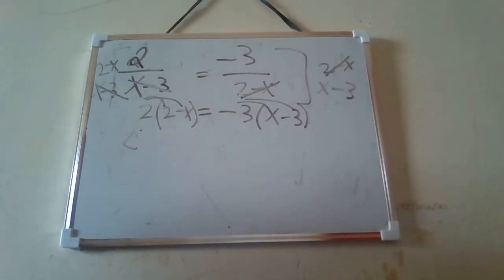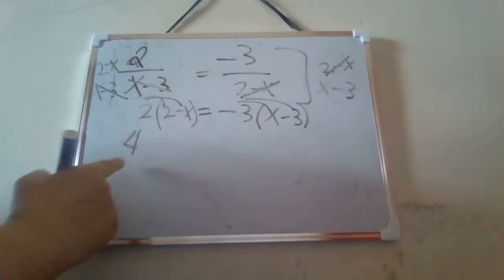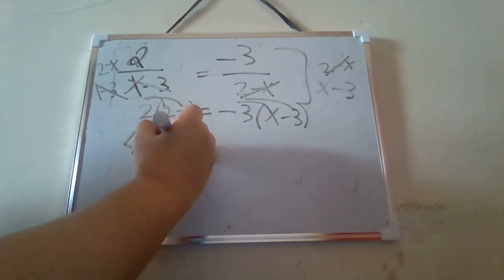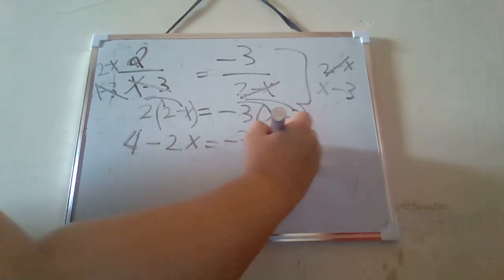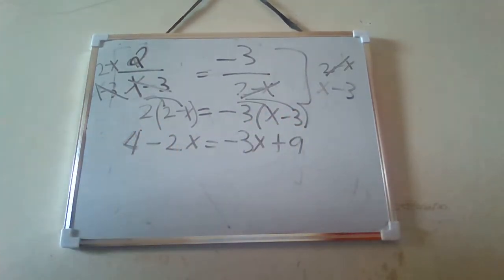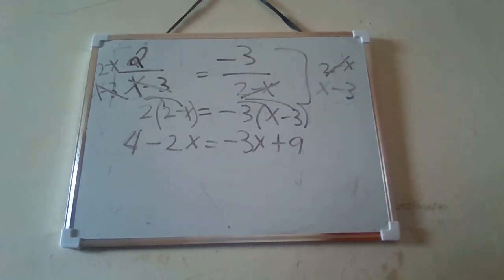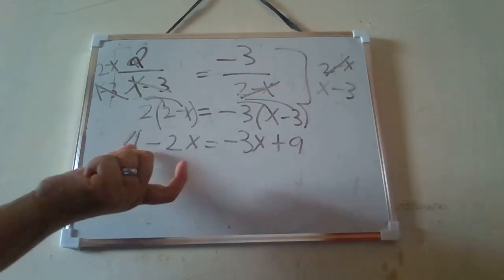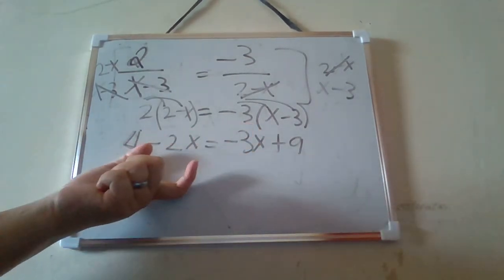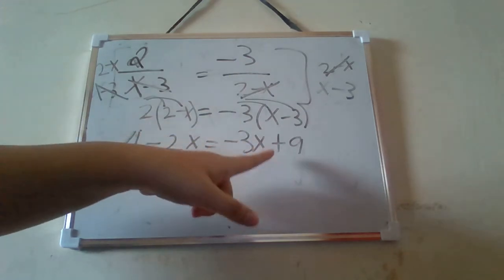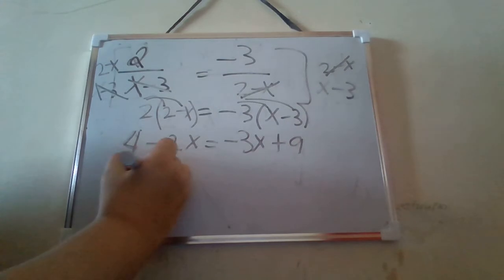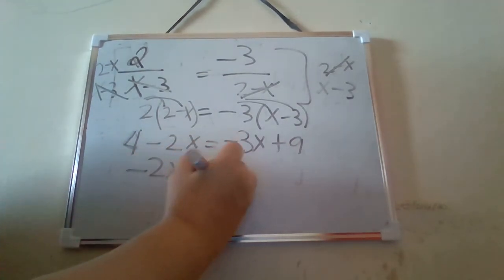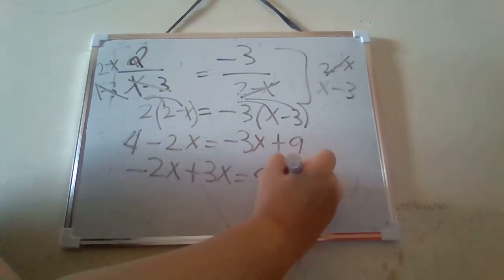So this one is 4 minus 2x equals negative 3x plus 9. And then syempre, pagsasamahin ulit natin yung magkakapareho ng terms. So transpose si 4 sa left side, transpose naman si negative 3x sa right side. So this becomes negative 2x plus 3x equals 9 minus 4.